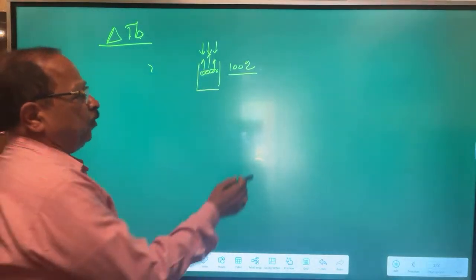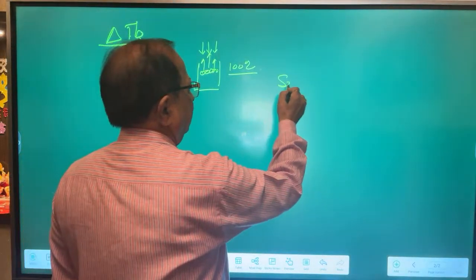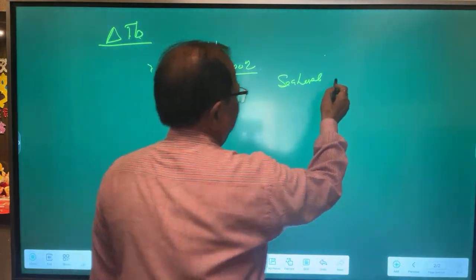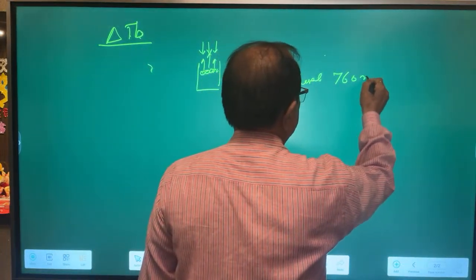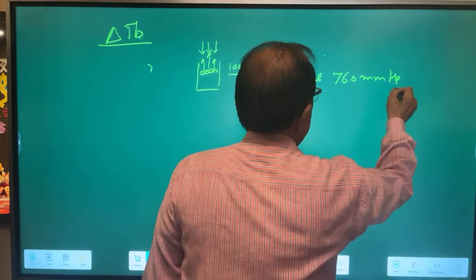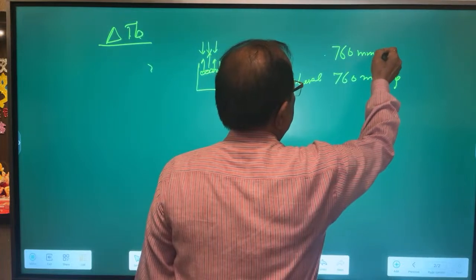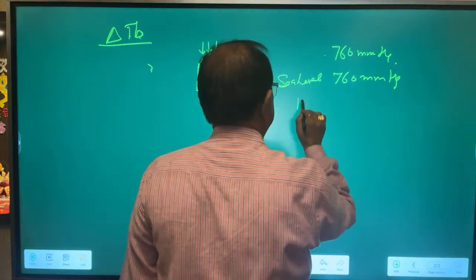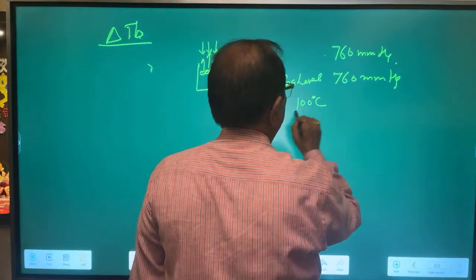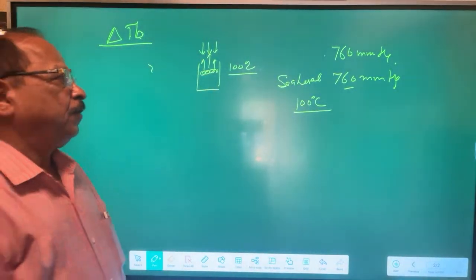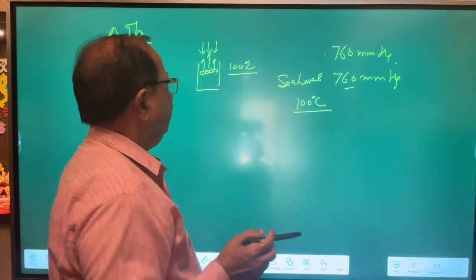Okay, if I boil water at sea level, the vapor pressure of the water will be 760 millimeter mercury, and the atmospheric pressure is also 760 millimeter of mercury. So it is at 100 degrees centigrade when the water has a vapor pressure of 760 mm of mercury. So water boils at 100 degrees centigrade, right?